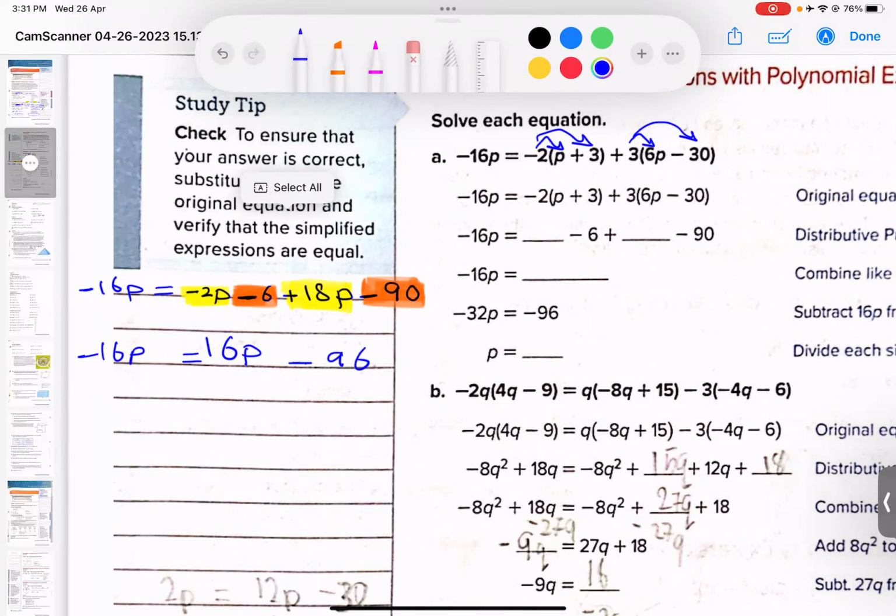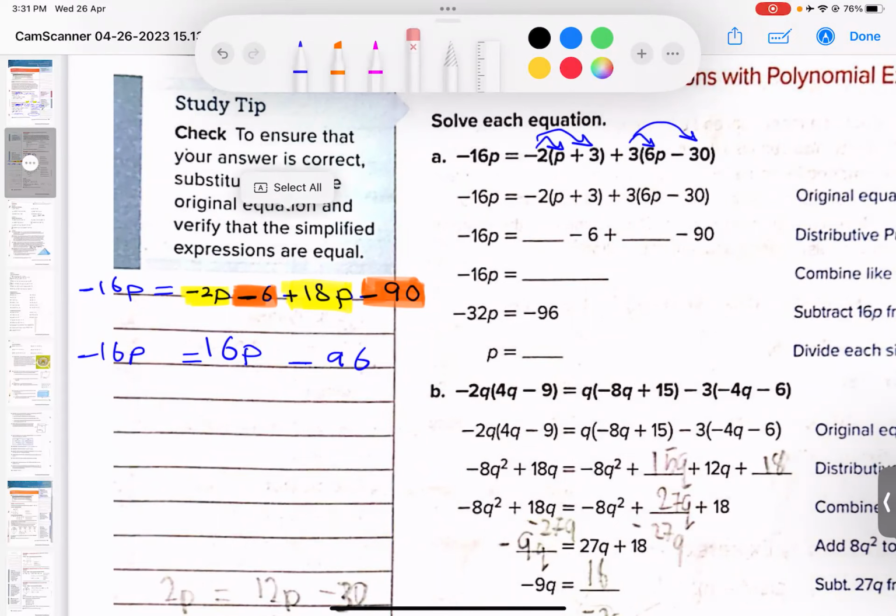Because the benefit of using the equation is to get the variable. I want to get the value of p, right?